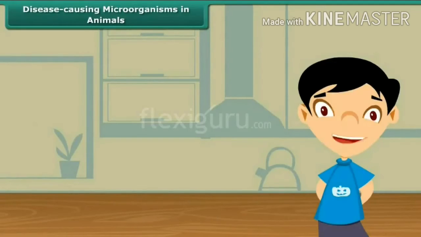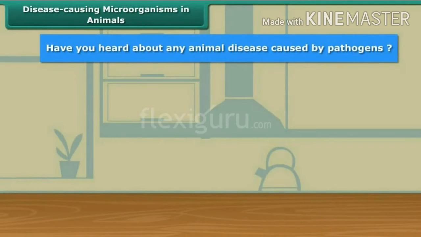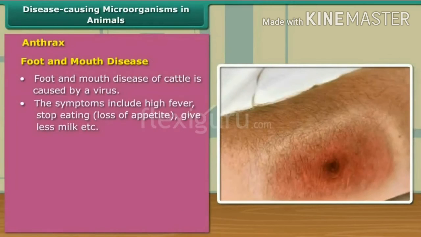Now let's move on to our next topic, which discusses diseases in animals. Have you heard about any animal disease caused by a pathogen? Anthrax and foot and mouth disease are common examples of animal diseases.